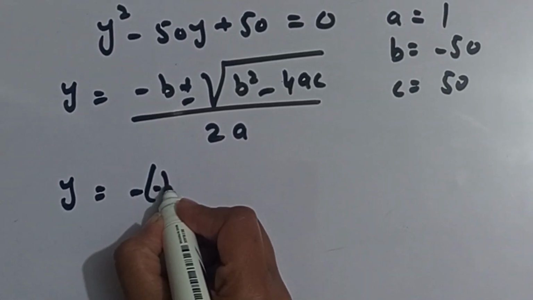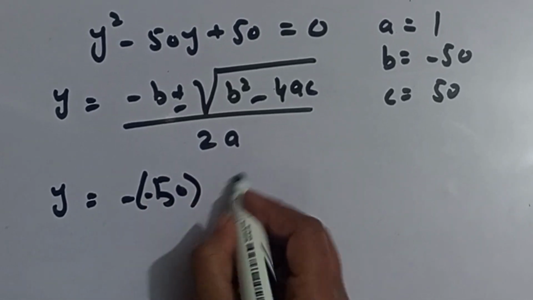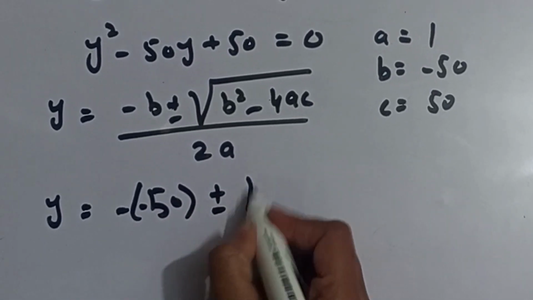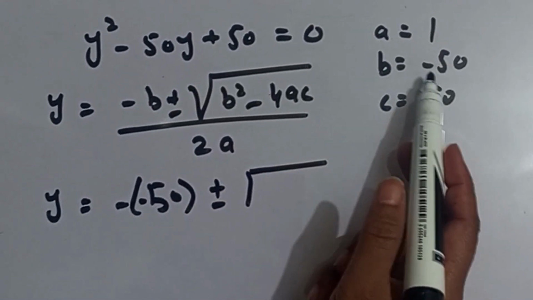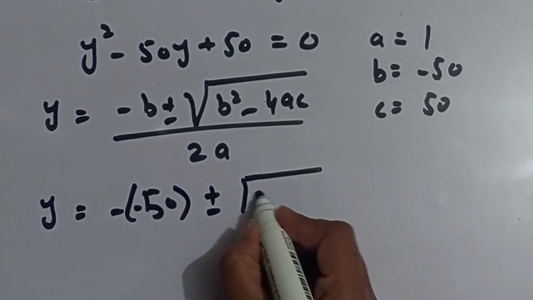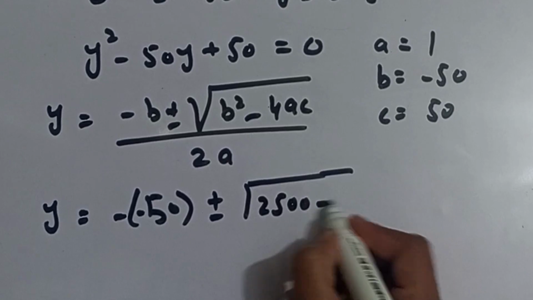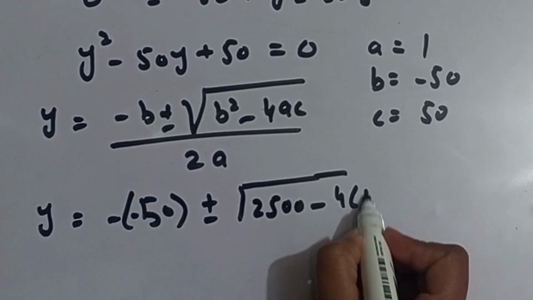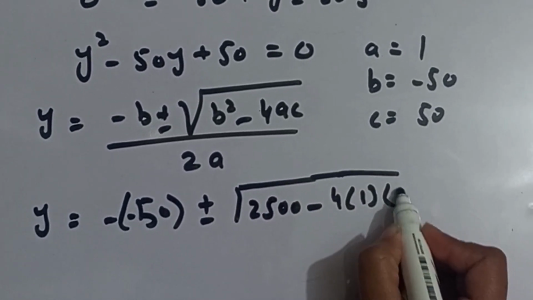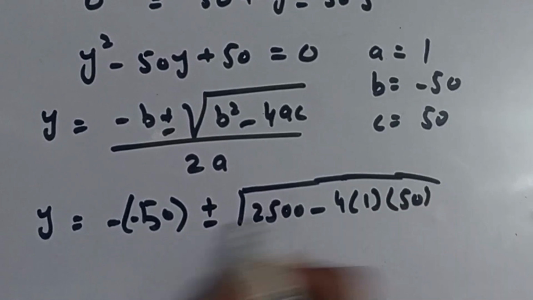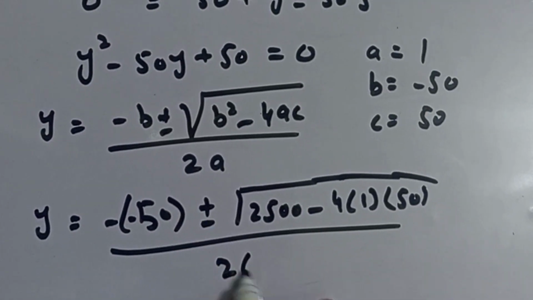So here we write minus 50 plus minus square root of b square, minus 50 square, which is 2500, minus 4. a is 1 and c is 50, over 2, and a is 1.